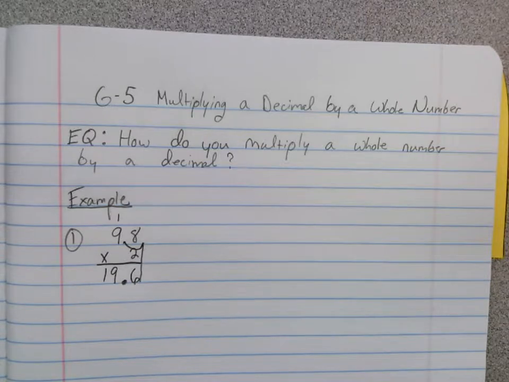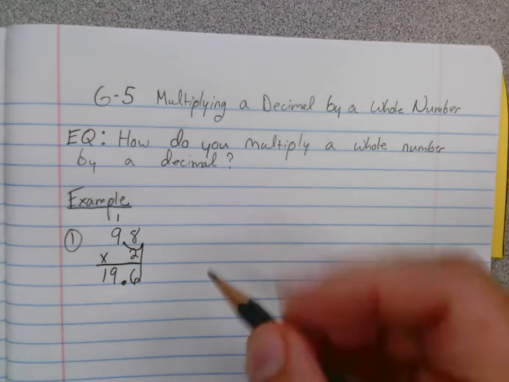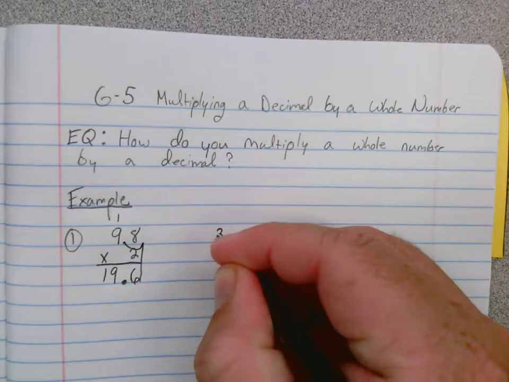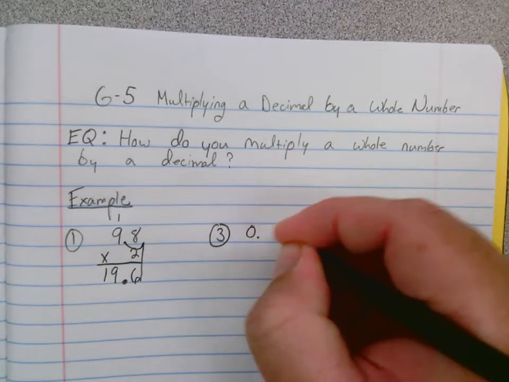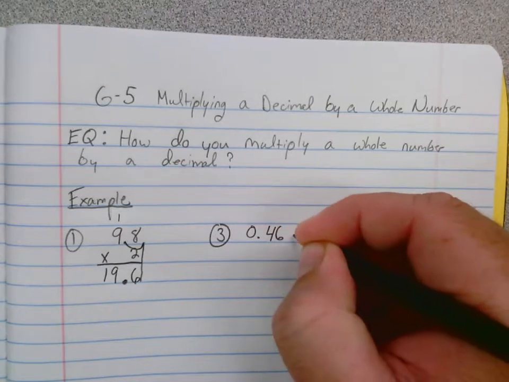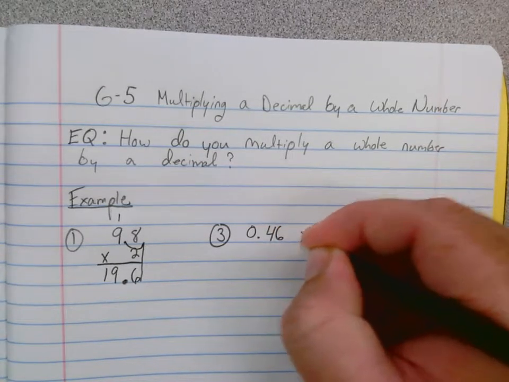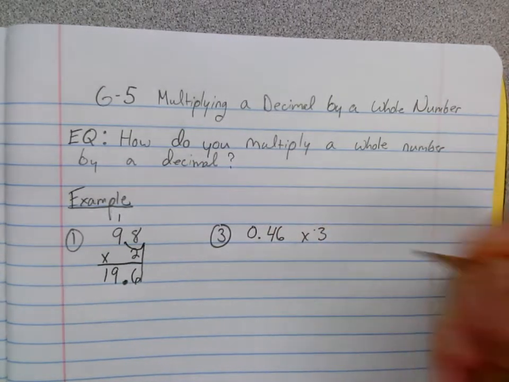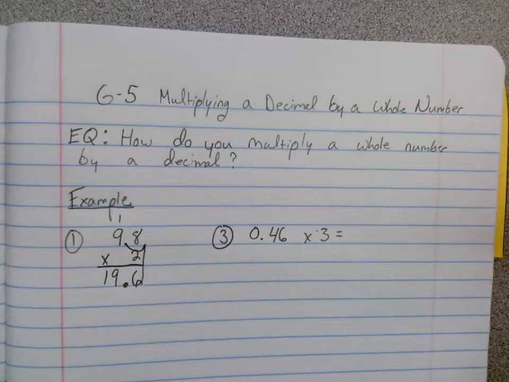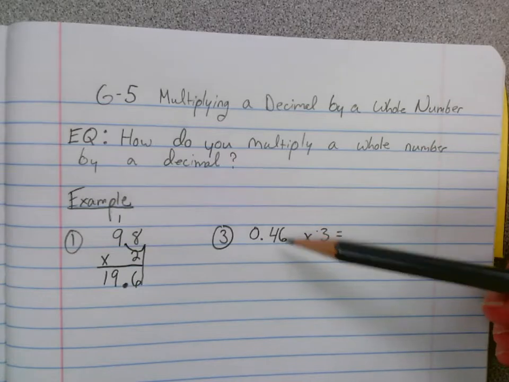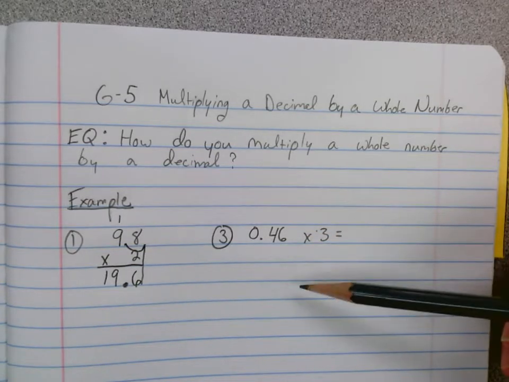Okay, so next example we're going to do is number 3. In our book, number 3 is written in long form, which is 46 hundredths times 3. The first thing I want to do with that is, unless this was an example, I wouldn't even have written it this way.